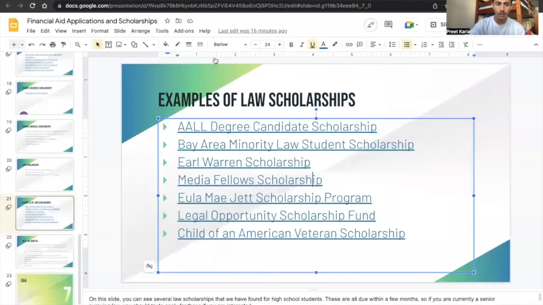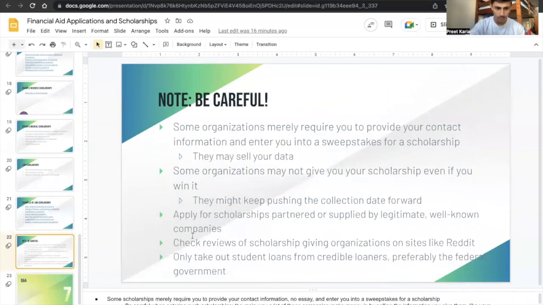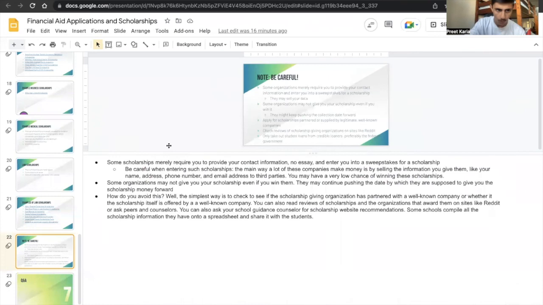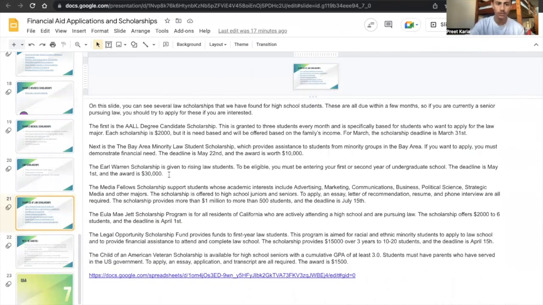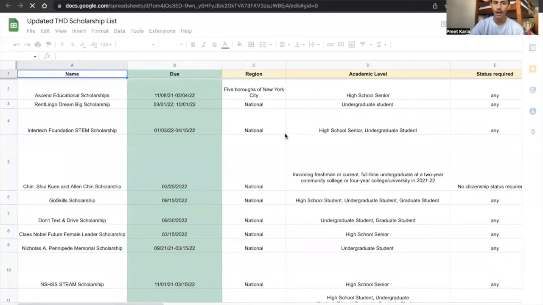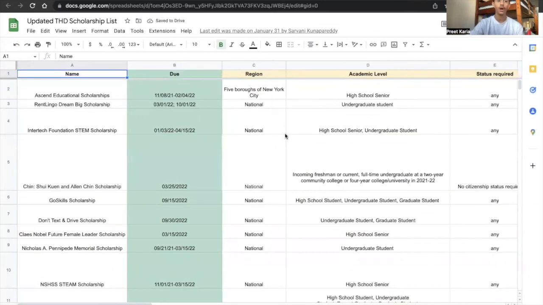Moving forward, there's also another set of scholarships here. If I go all the way down here, feel free to look at all these speaker notes. They have a lot of good information: deadlines and the amount of money each scholarship provides. And here's a list of scholarships that are for non-US citizens or green card holders.